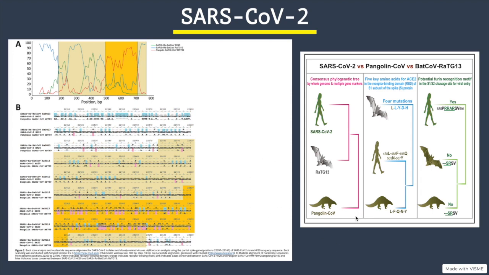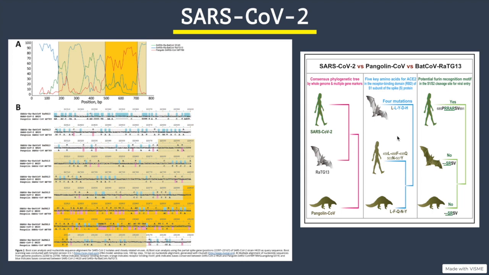And this image comes from another paper. This is a very simple phylogenetic tree. When you make it with the whole genome, you can see that indeed the SARS coronavirus 2 is most closely related to the bat coronavirus.